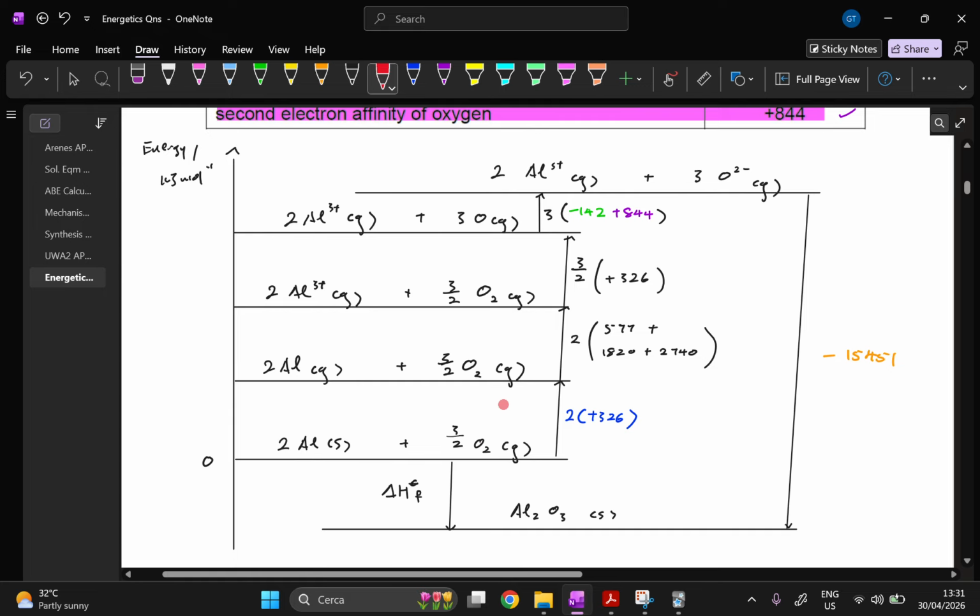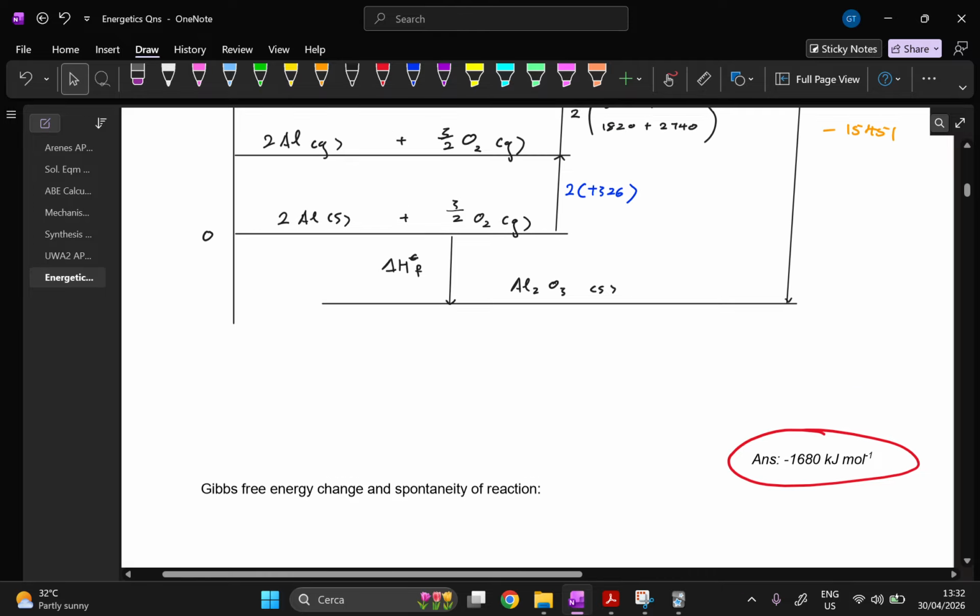Is that better? Yeah, that's better. So yeah, whether you go like that or whether you go like that, is the same enthalpy change. So in this case, HF is just equals to like that, like that, like that, like that, like that, minus 15451. Okay? So yeah, just check that you have that answer.